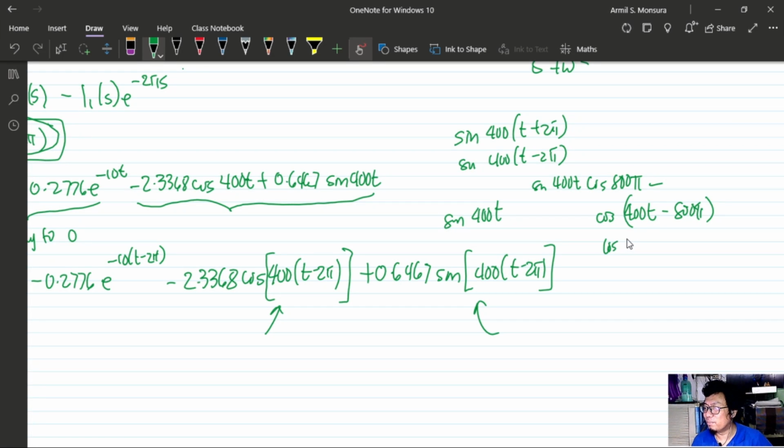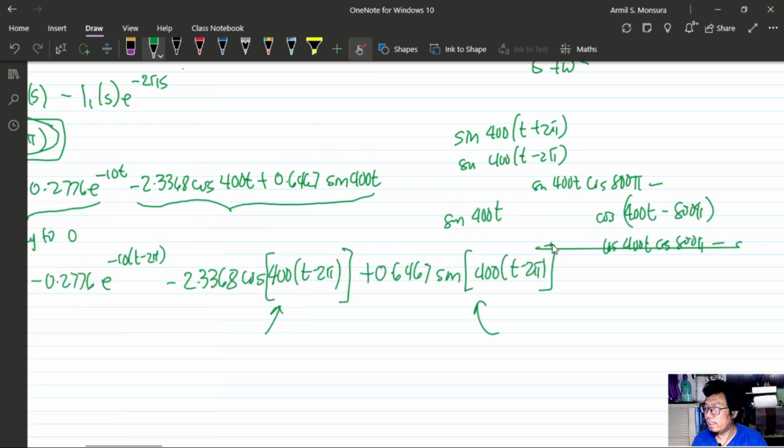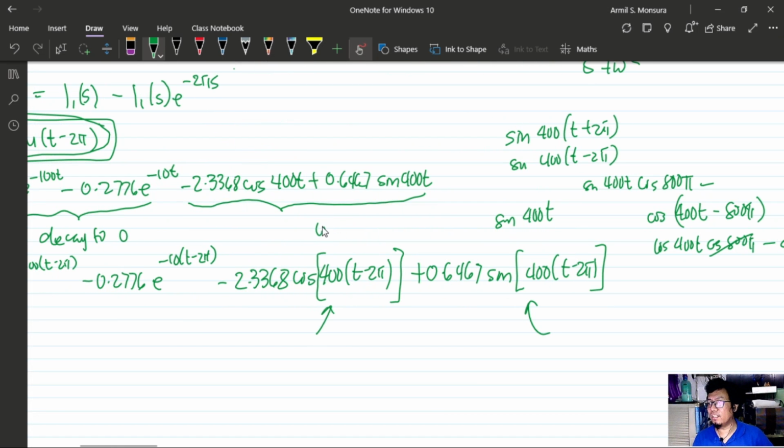So, this is cosine of 400 t cosine of 800 pi plus sine of 400 t sine of 800 pi. So, ito mag-0 to. Ito, this is 1. So, pareho lang din. Okay, so this is still cosine of 400 t with the same signs.